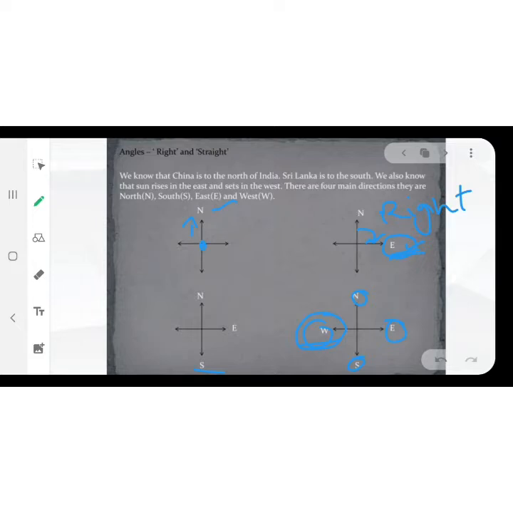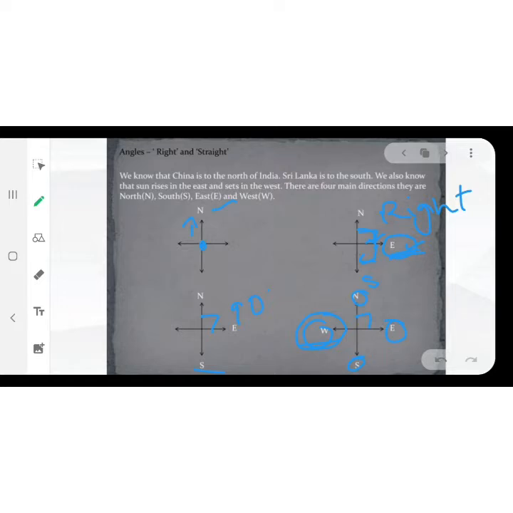Then from east to south, again I have to move onto the right hand side and then I'll reach the south. One more thing you can notice is that moving from north to east, we are making an angle of 90 degrees. This you have done in your previous class, where the angle forms a square shape. It is a 90-degree angle.